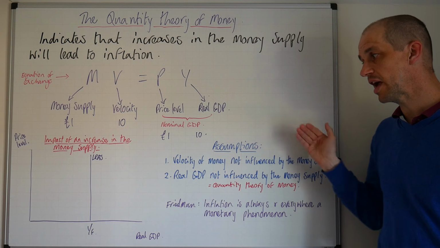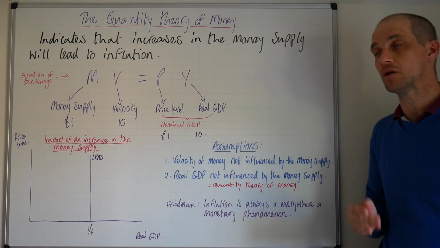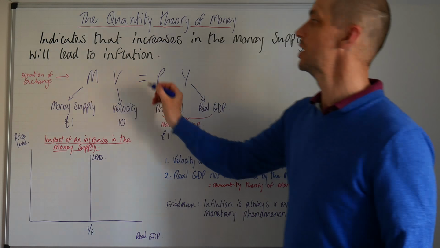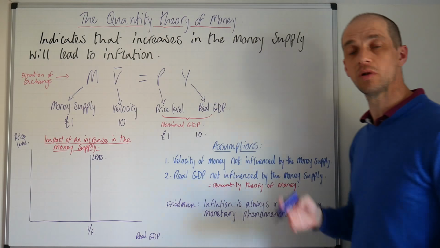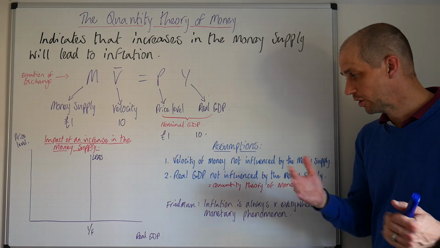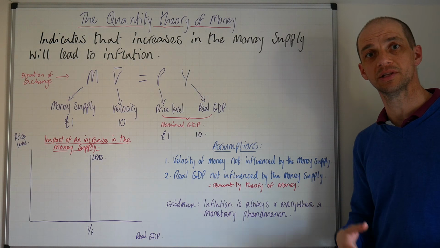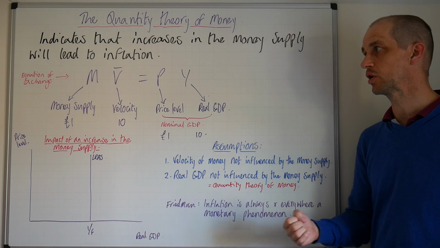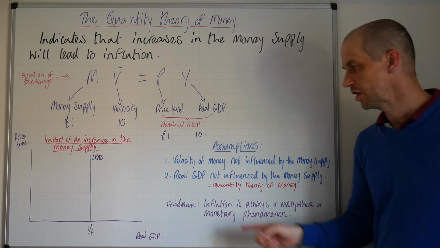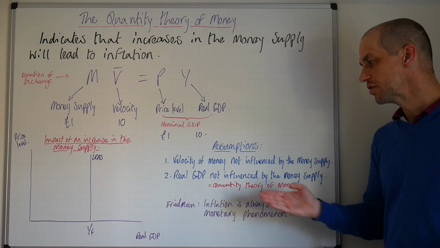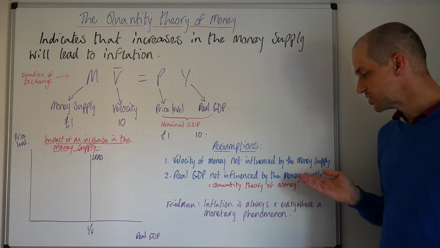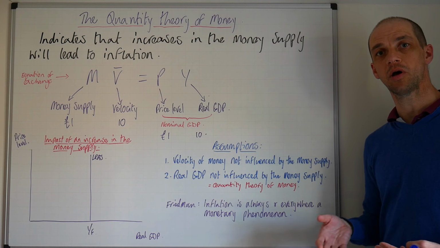Okay, so therefore they argue that V is actually fixed, and firms, households, consumers have no actual ability to change that very quickly. That's what they believe. Meanwhile, we see that real GDP is not influenced by the money supply.